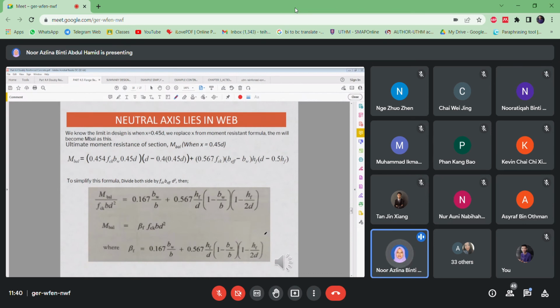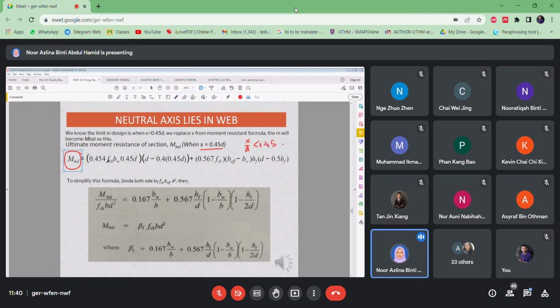Alright, so this is the second checking here, which is you need to do the checking also with the balance. Okay, so we know the limit here, which is x is 0.45d, x divided by d should be less than 0.45.